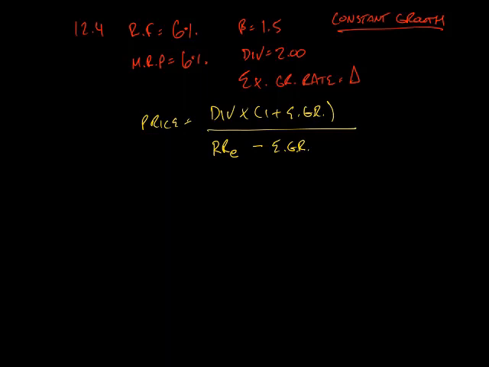We're going to get stuck here because we don't have the required rate of return on that particular stock. We got the risk-free, we got this market risk premium, we've got a beta, we've got a dividend, we've got an expected growth rate. We've got all of these. We've got this one, and this one, but we don't have this one. So how do we calculate that?